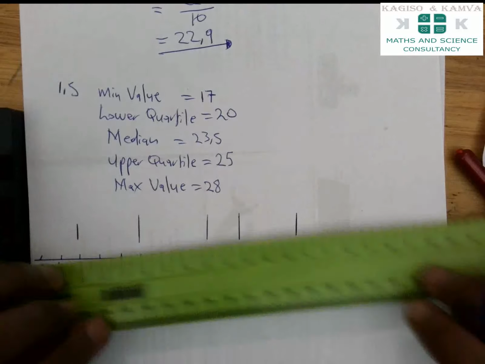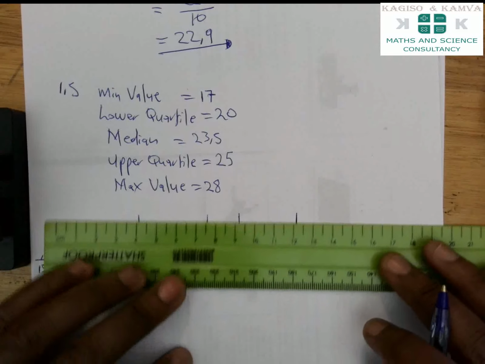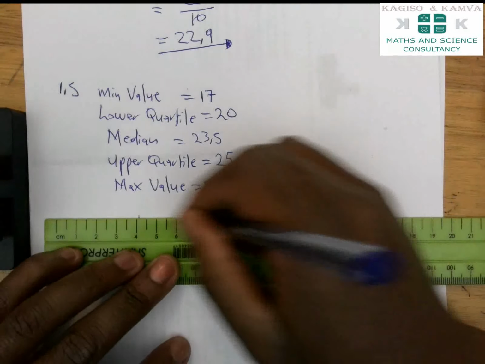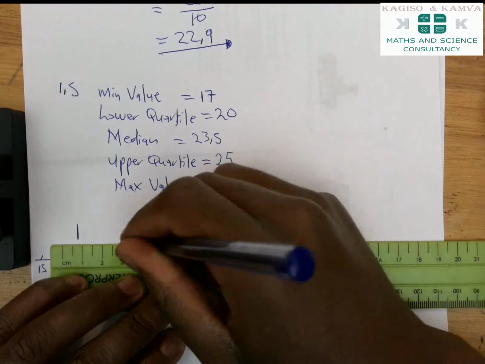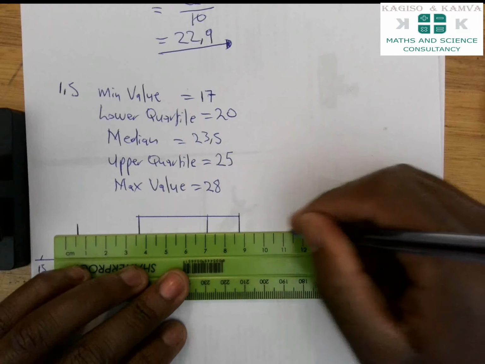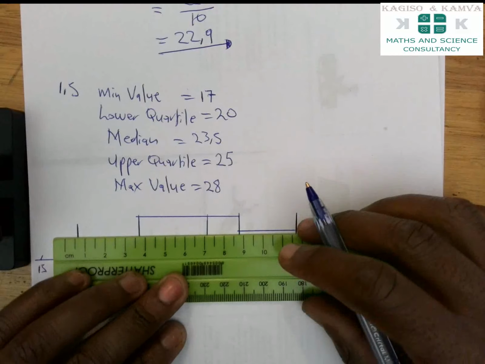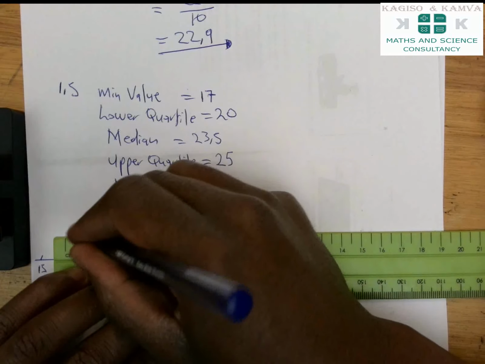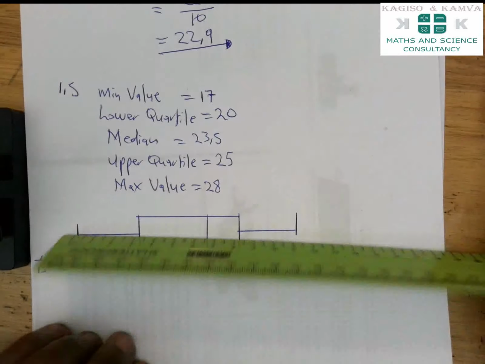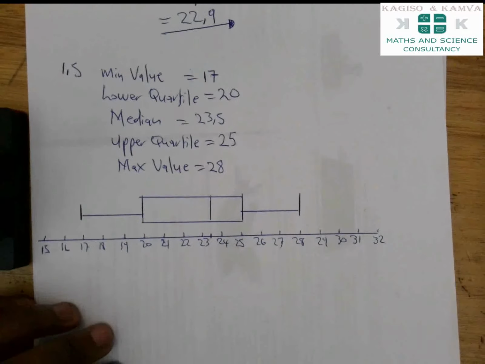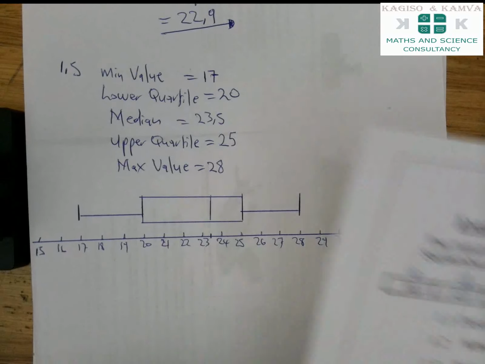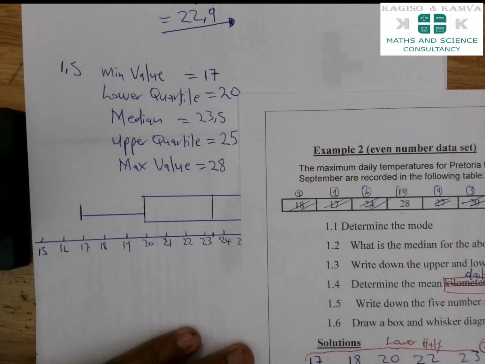So what I'm going to do, we just make a box with these three like this, and then we just create an arm there, and then an arm there. Okay, good.